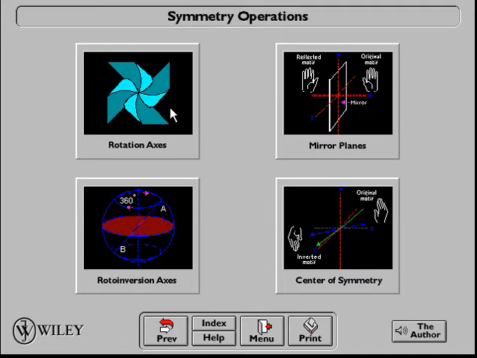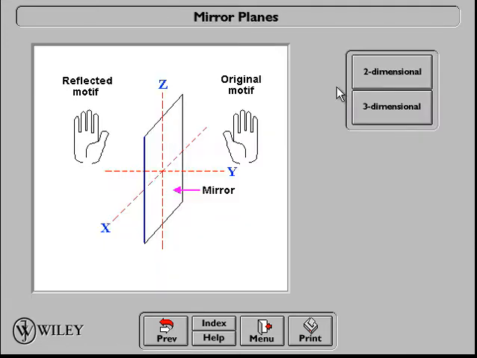Now we are coming to our next subject, dealing with the mirror planes. We can have 2-dimensional mirror planes, and we can have 3-dimensional mirror planes. So here we have a mirror, and then we have the original motif, and that is just the hand.